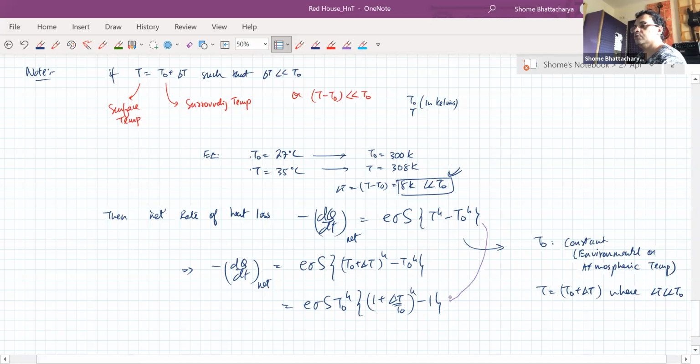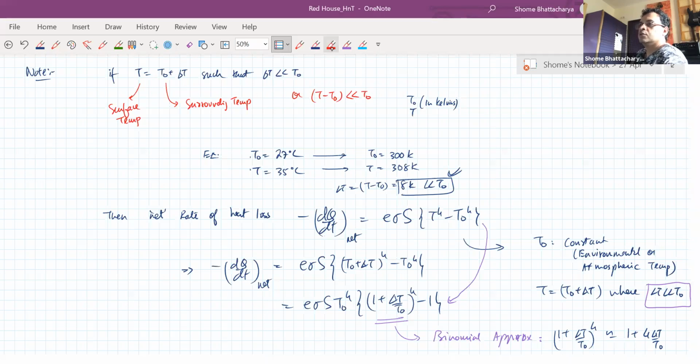This expression is equivalent to this. It's just another way of writing it. But the moment we have written it like this, because of this factor, you can see that we can apply binomial approximation. 1 plus delta T by T naught to the power 4 can be approximated as 1 plus 4 times delta T by T naught, because delta T by T naught is automatically small compared to 1.